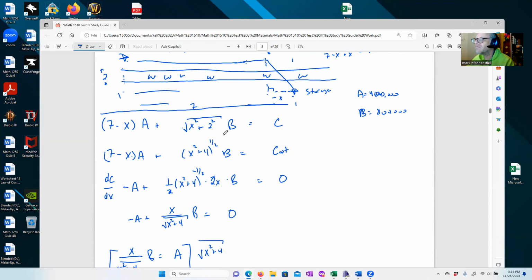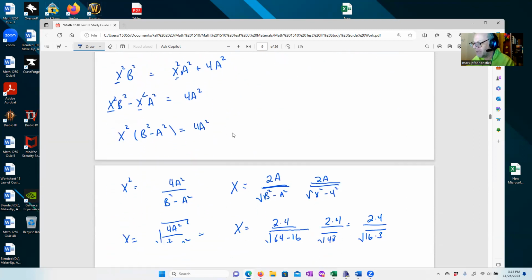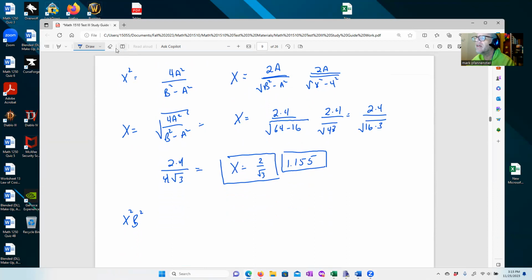We have x squared plus 2 squared times b. Sorry, that's not what we want to do then. So we had 7 minus x. By the way, this is all we're doing for this problem. So if you're wanting to bow out now, that's probably a good thing.